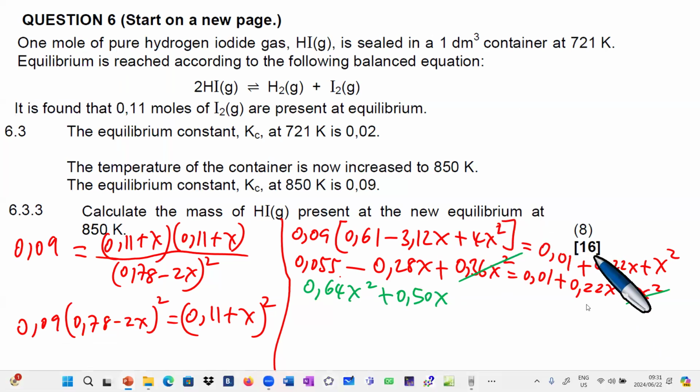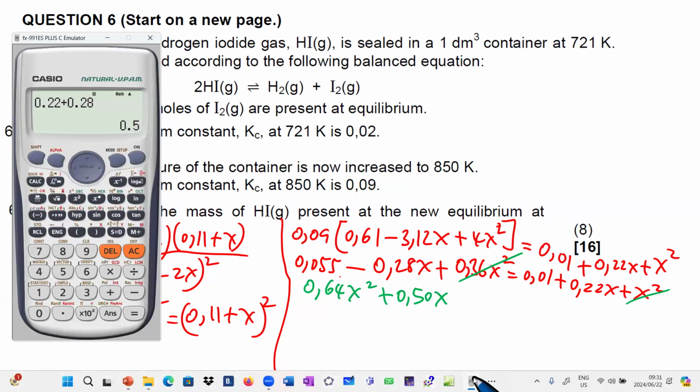Okay, we shall just finish this part. Just doing some algebra here. So we have 0.01, and then we minus 0.055, which is minus 0.045.